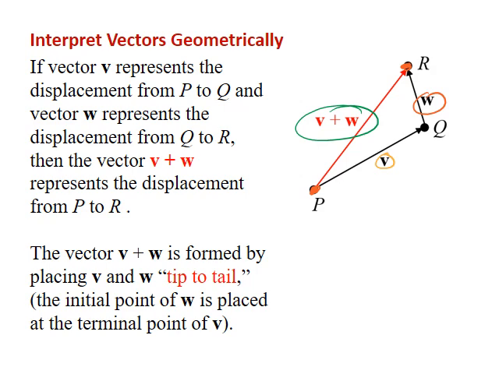V plus w is formed by placing a new vector tip to tail. So what that means is we place the initial point of this vector to the tail or the end of this vector. So tip to tail.